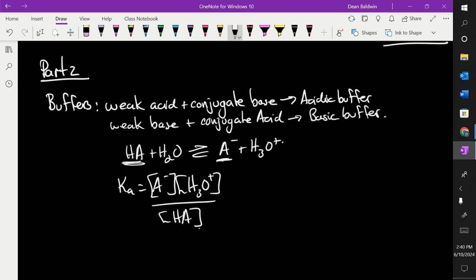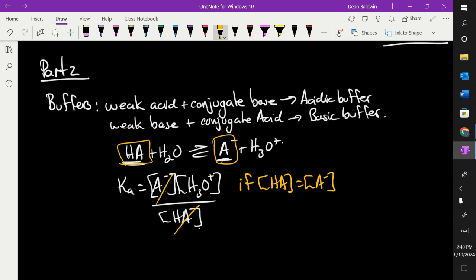What do you do to maximize the buffer protection? There you go. You make this and this equal concentrations because that gives you protection on either side, right? If those are equal, then they cancel out in that expression and you get Ka is equal to the concentration of H3O plus.